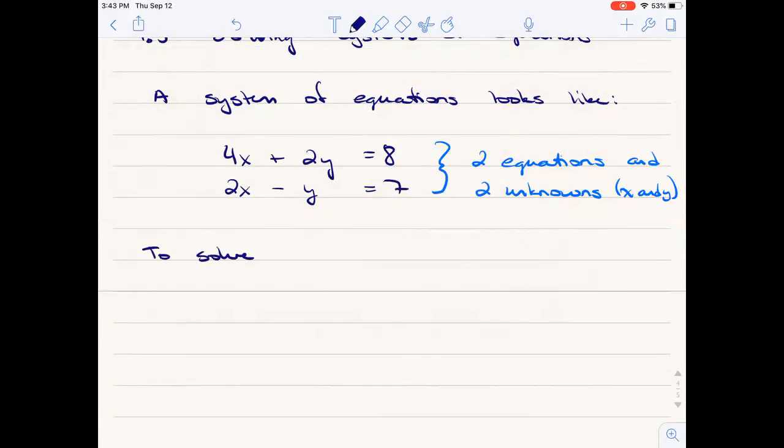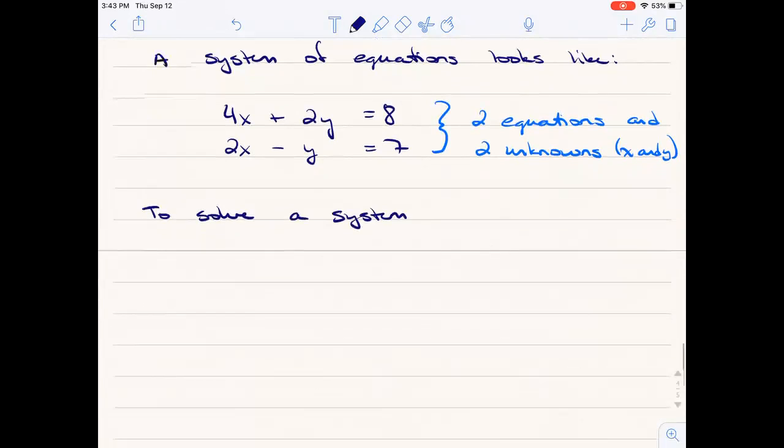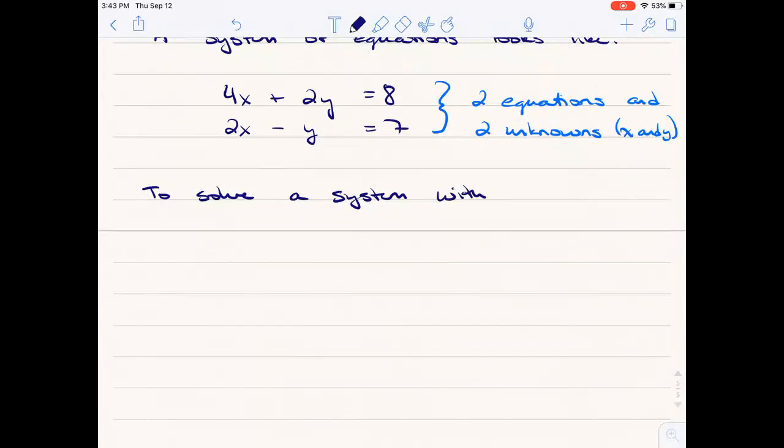So to solve a system with 3 unknowns, we would need at least 3 equations.